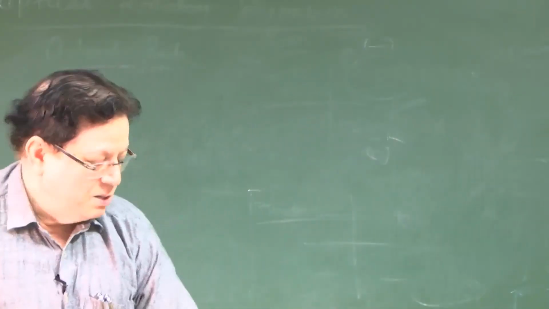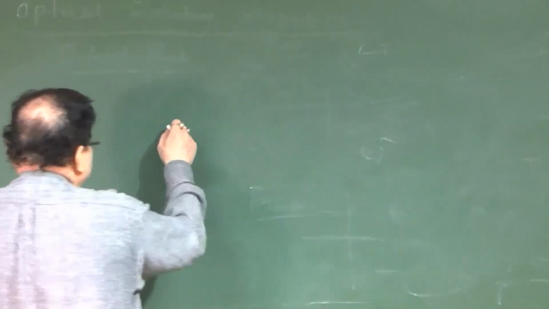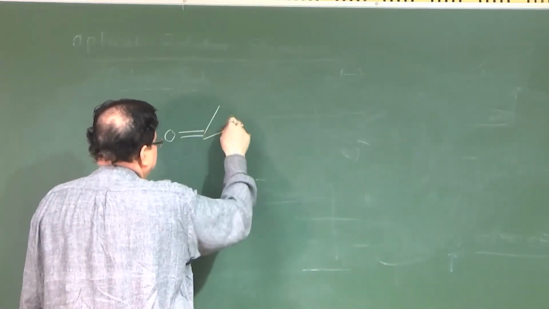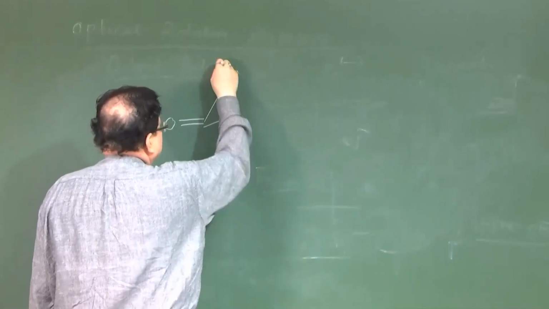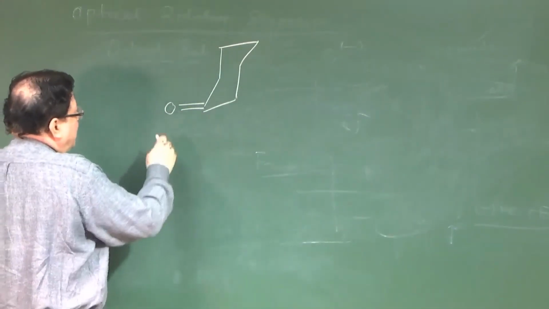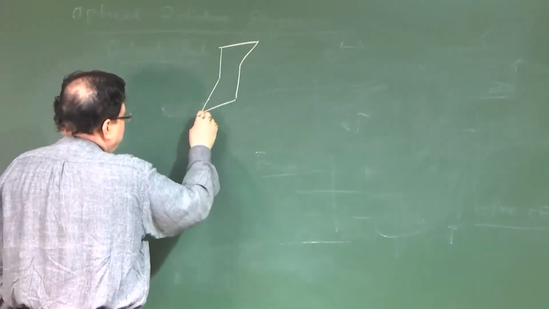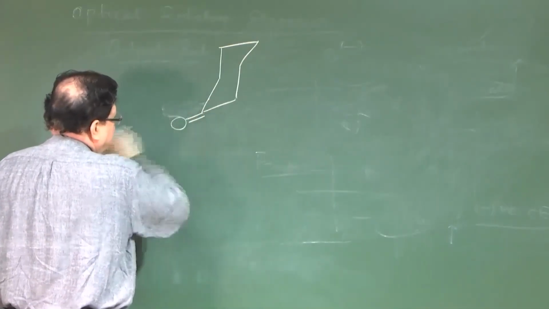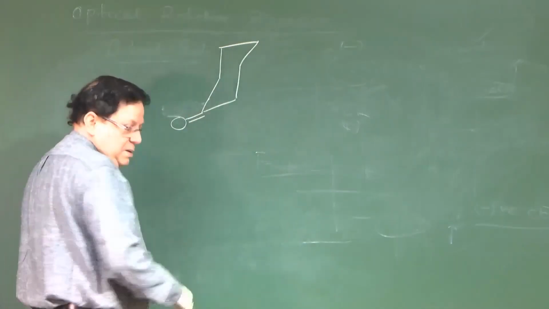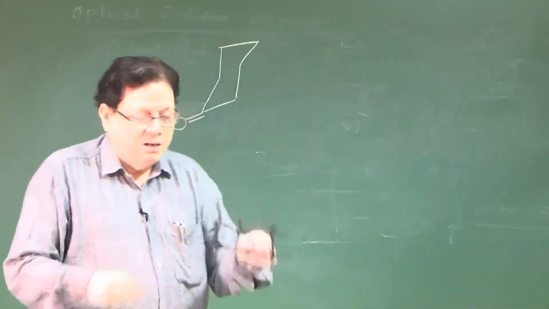Again I repeat, this is the way you draw the cyclohexanone system. And maybe a little bit on the bias side, this should be the carbonyl. Now, I go back to the model.